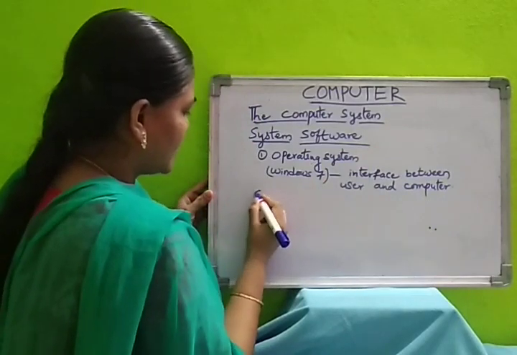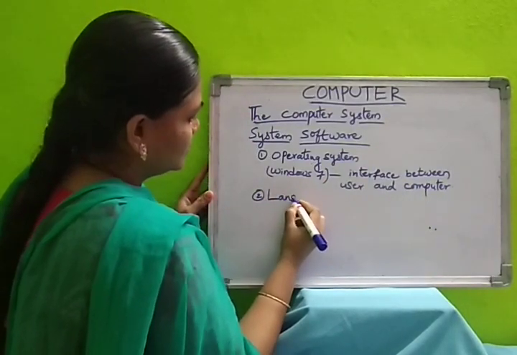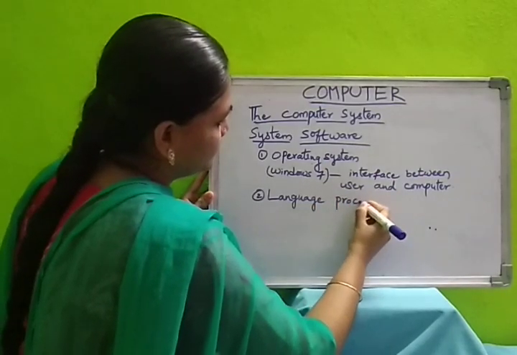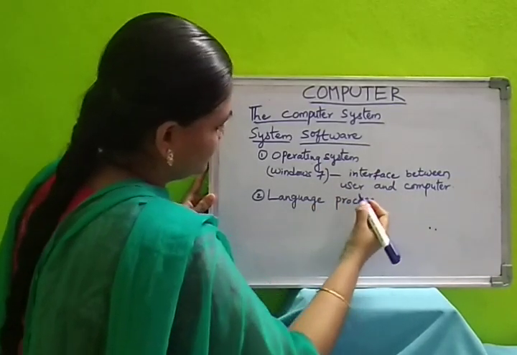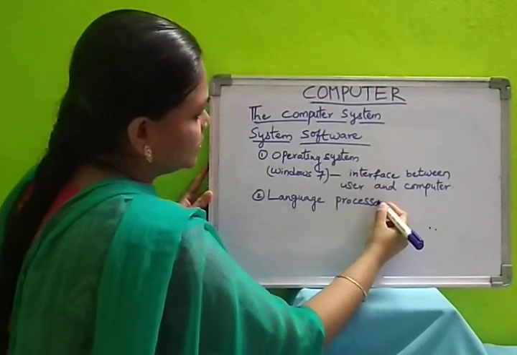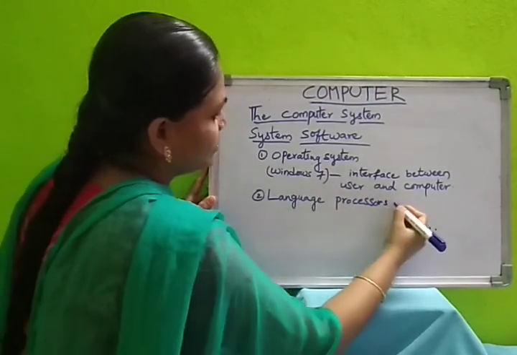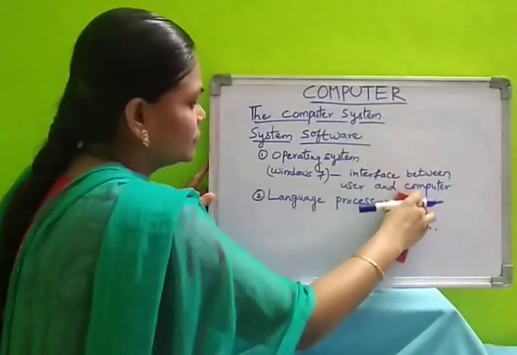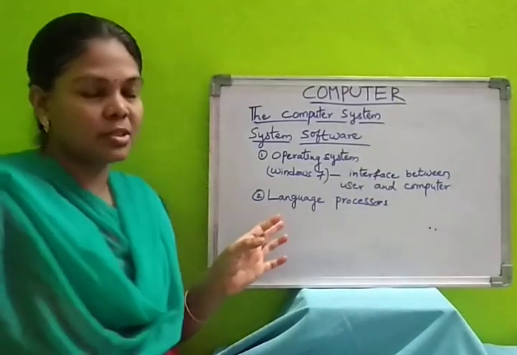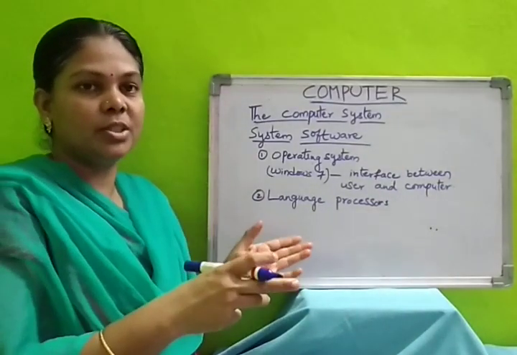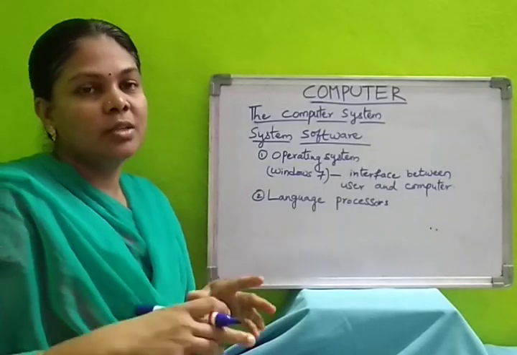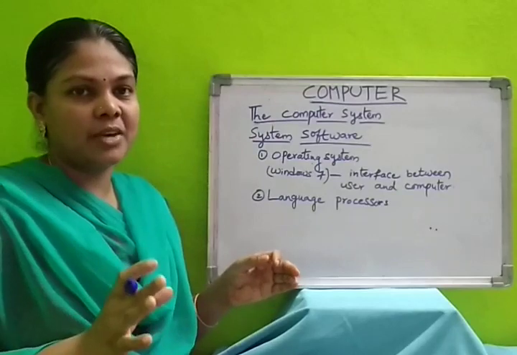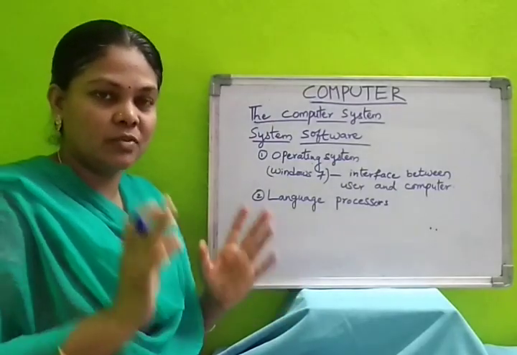The next one is language processors, also called language translators. Whatever information you give is converted into machine understandable language. Our machine understands only binary language, that is machine language: zeros and ones only.